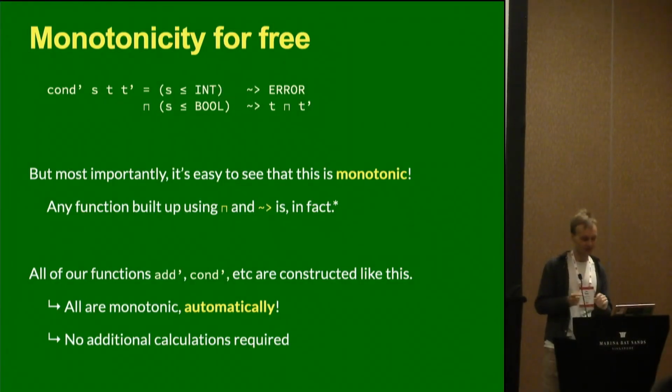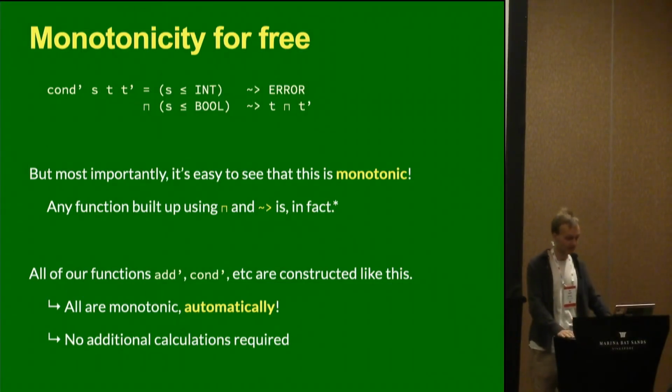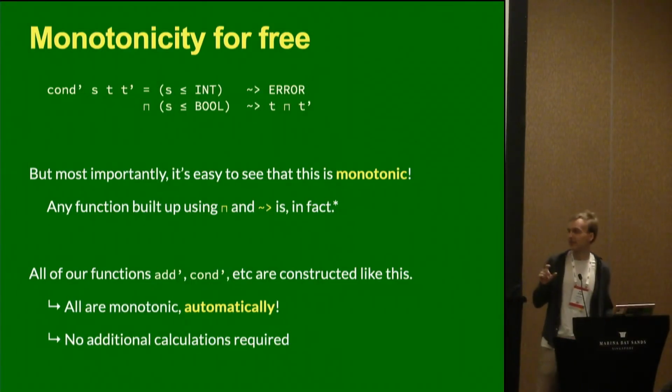And you can see here that if I take an s prime which is smaller than my s, then at least the same clauses are going to fire due to transitivity. And the thing is that we are using the greatest lower bound to combine together all of these clauses, and that means that we're going to have at most the same type, but it could be less than it. So this is less than or equal to the previous type, therefore it's monotonic.